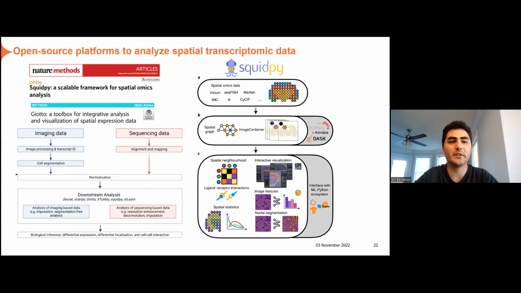I think the most famous ones could be Scanpy and Giotto, but also Seurat, which is most commonly used for single cell RNA-seq, but they also have functionality for spatial transcriptomics too, which provides the platform to integrate sequencing and imaging data, and also quantify especially variable genes and integrate across samples and data sets.